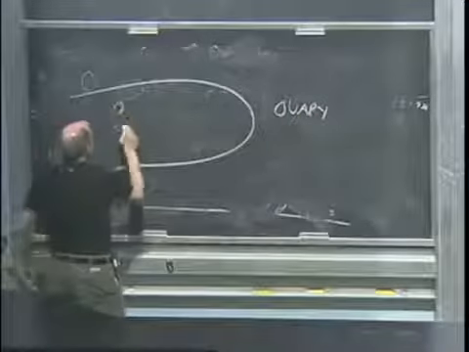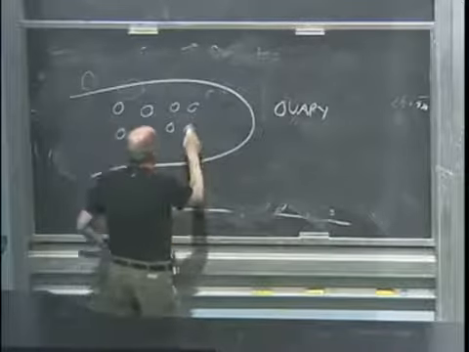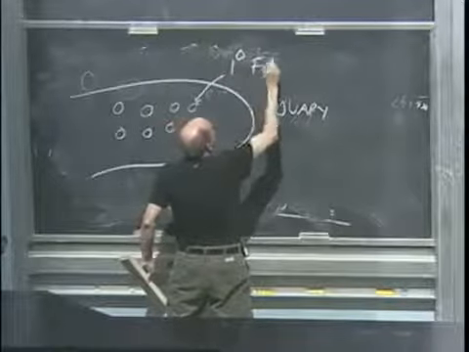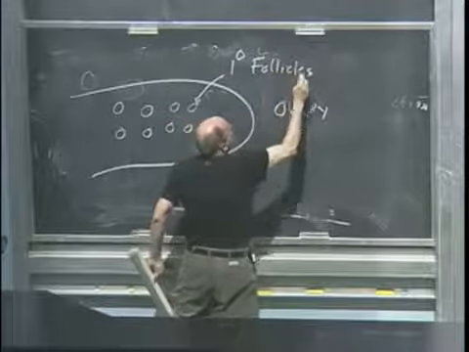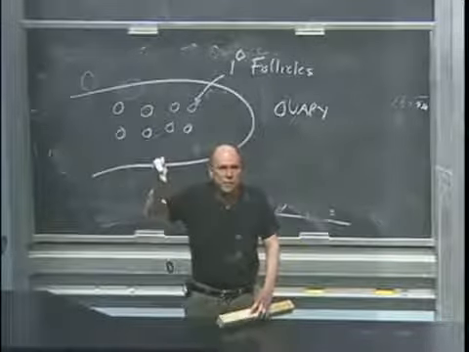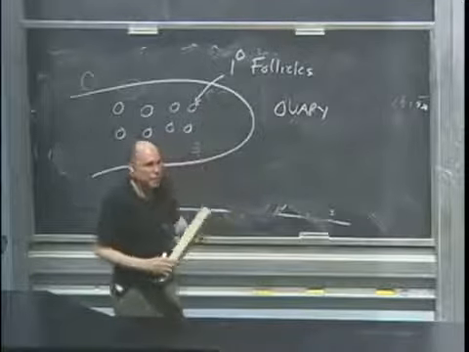At the start of the menstrual cycle, about 20 or so of these follicles are called primary follicles. They're called primary follicles because they have a primary oocyte sitting in there. So you have 400,000 of these follicles in the ovary.